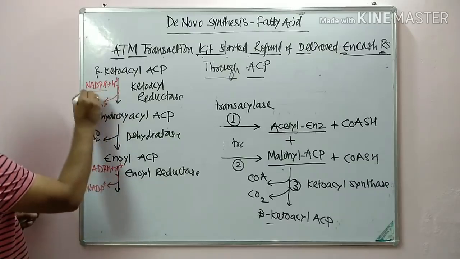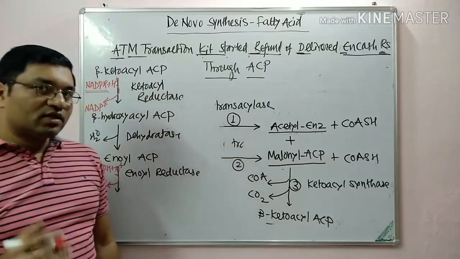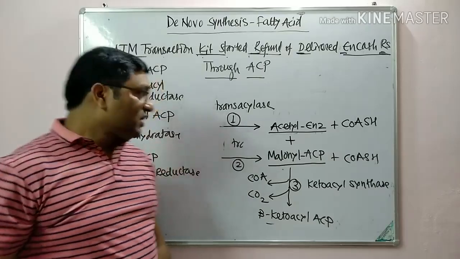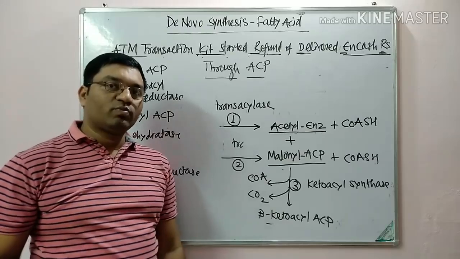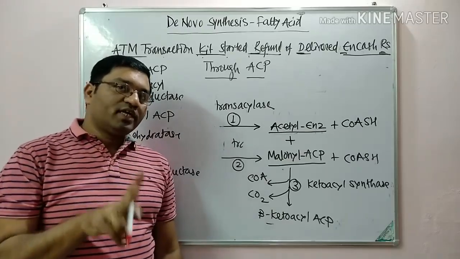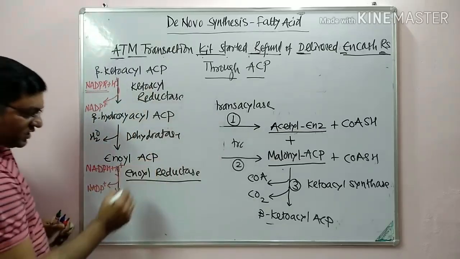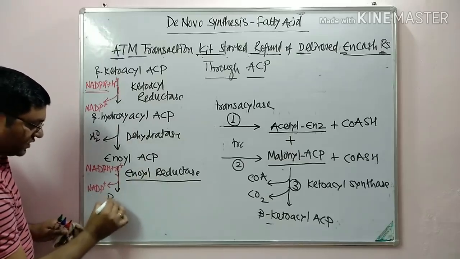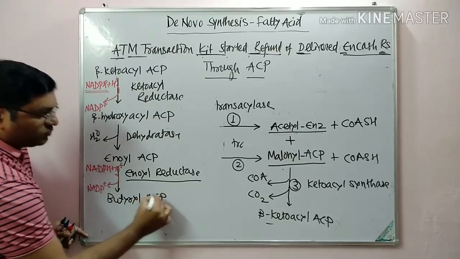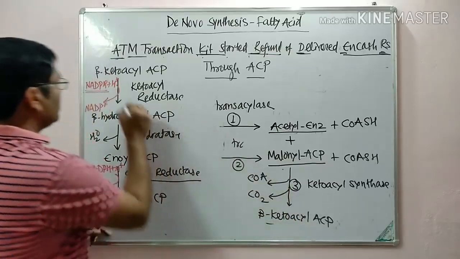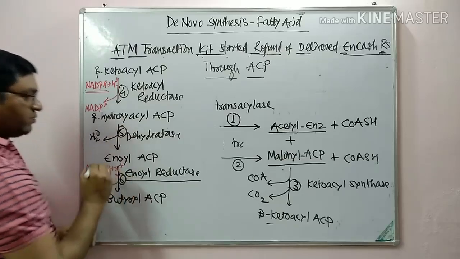In 50 to 60% of cases, this NADPH is produced by the HMP shunt, and it is also produced by the malic enzyme, which converts malate to pyruvate. So there are two sources of NADPH here, HMP shunt and malic enzyme. Enoyl ACP is converted by enoyl reductase into butyryl ACP. So this is the third step, this is the fourth, this is the fifth, and this is the sixth step.